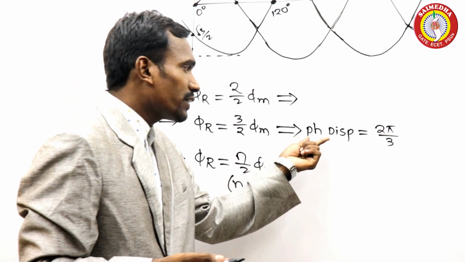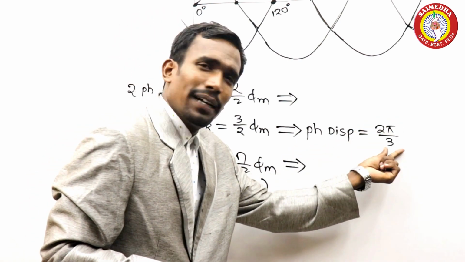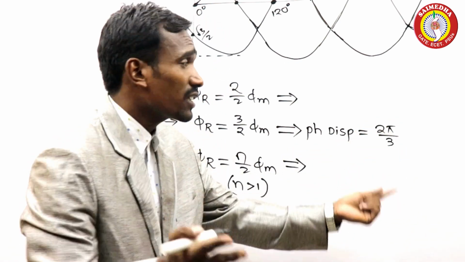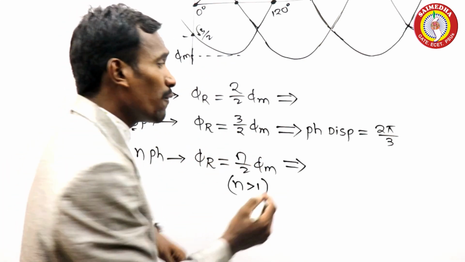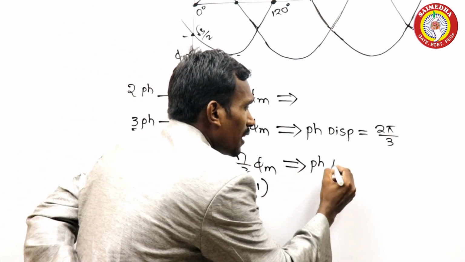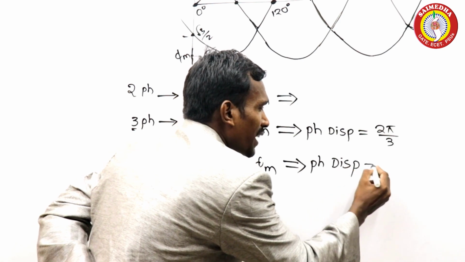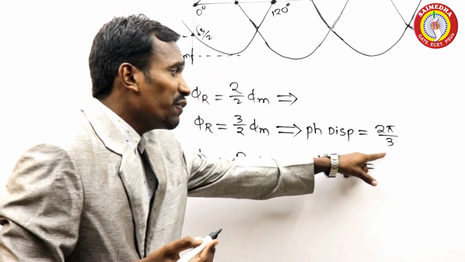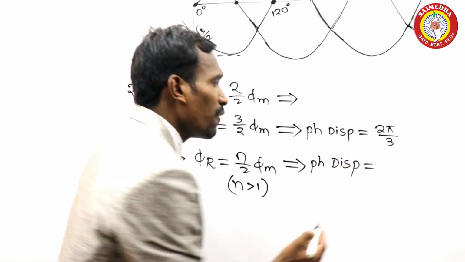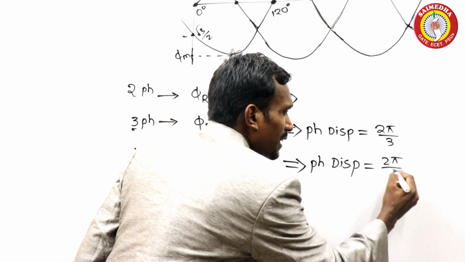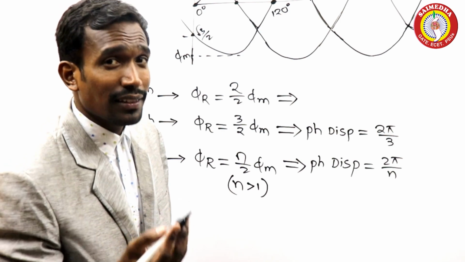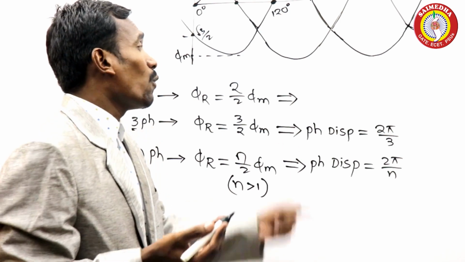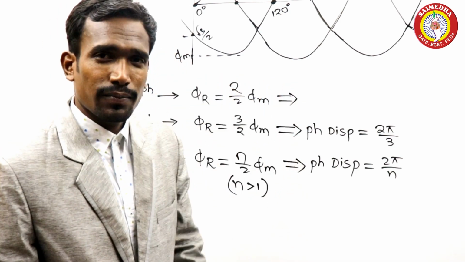For a three-phase system, 2 pi by 3. For an n-phase system, the phase displacement is 2 pi by n. Sir, what about a 2-phase system?